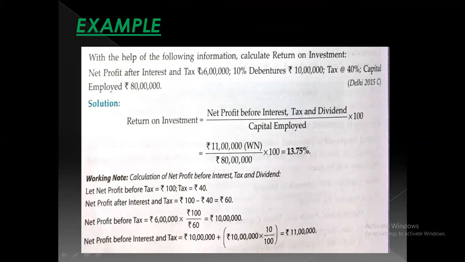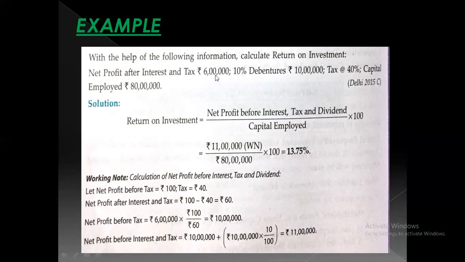Net profit after interest and tax is given, 6 lakh. 10% debentures are 10 lakh. Tax rate is 40%. Capital employed is 80 lakh. So net profit before interest and tax we have to write, but we have after interest and tax. So student, first you will calculate this profit before interest and before tax.